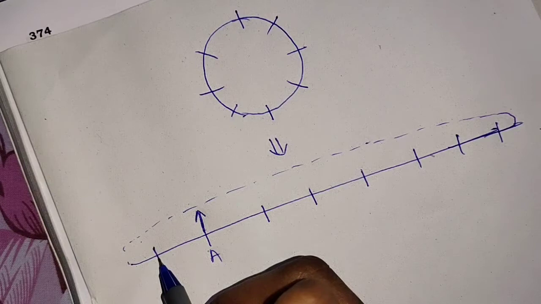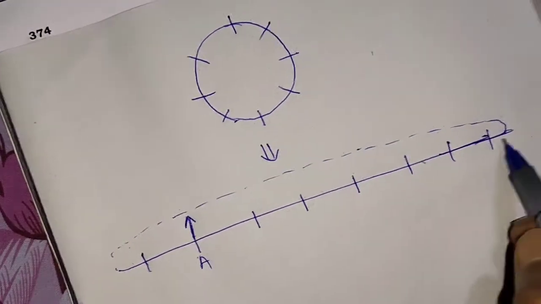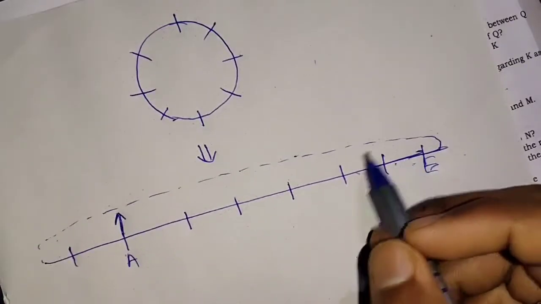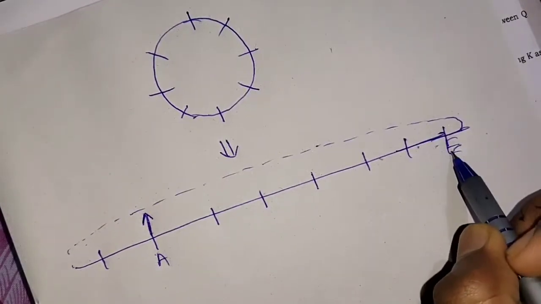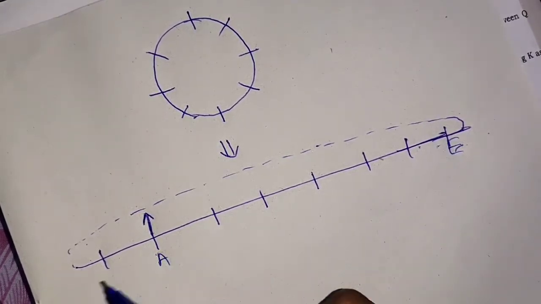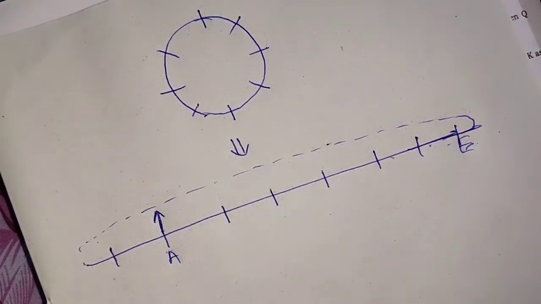Here is the first left of A, and second left will come here. Let's suppose he is the person, so E is sitting second to the left of A.